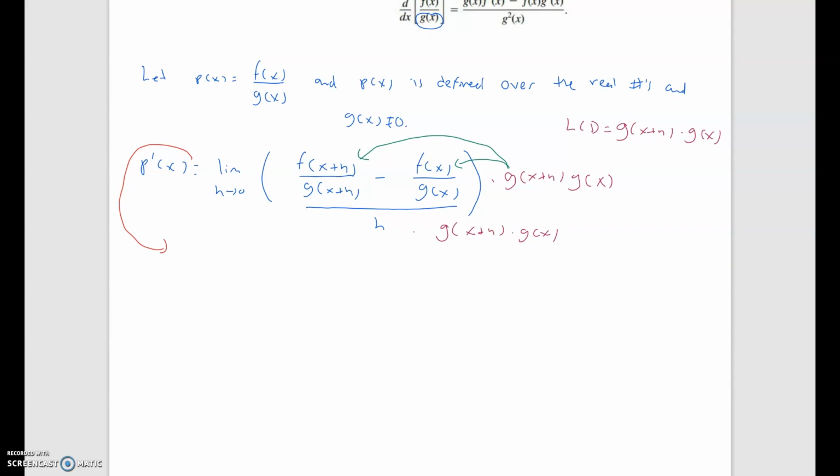This is equivalent to the limit as h approaches 0 of the following quantity.